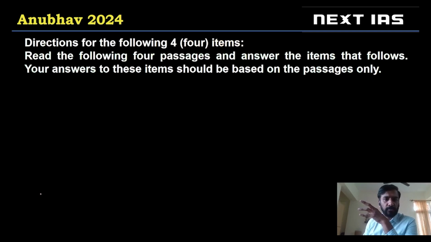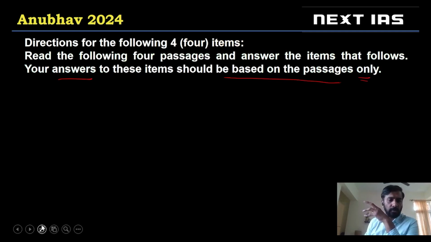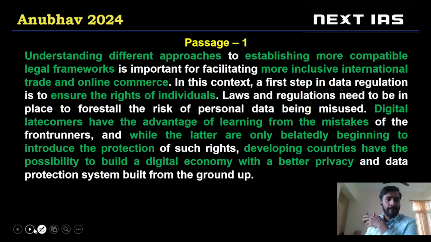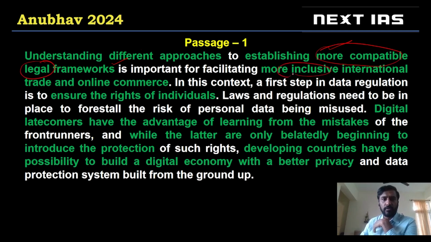Like I was saying, your answers should be based on the passages only, right? Don't use your knowledge, outside information, paper one knowledge, etc. Now, the first passage here, understanding different approaches to establishing more compatible legal frameworks, right? You want to make your laws more compatible and more inclusive.